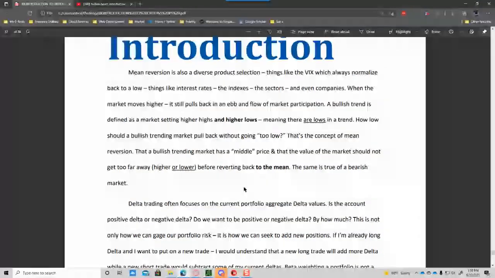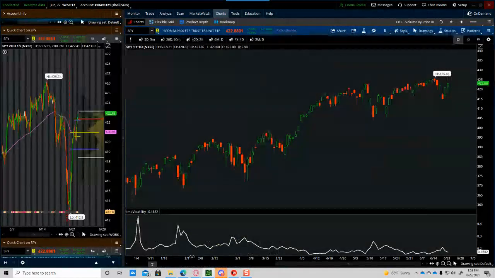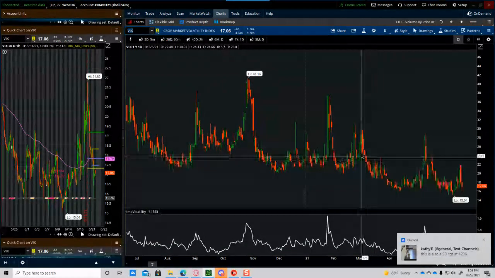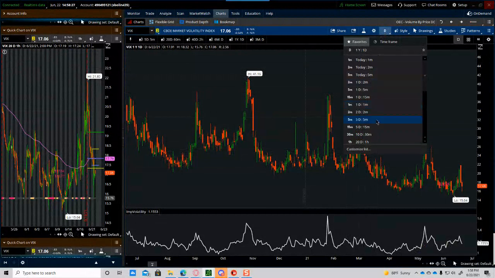Mean reversion as a concept in a trade. I'm telling you, I never see posts talk about indexes when it's mean reversion. I always see them talk about the VIX. And that's okay, I guess, because from a perspective of trying to understand mean reversion, the VIX does a really good job of that, right?